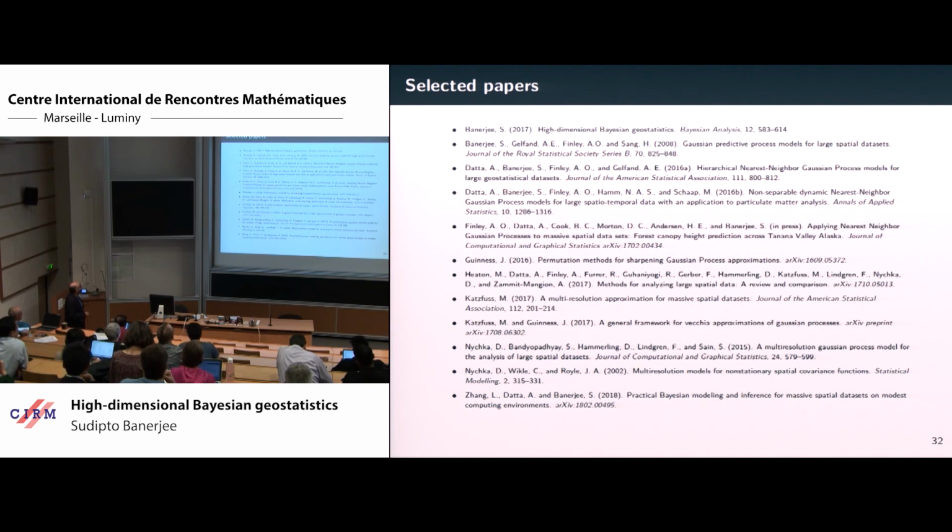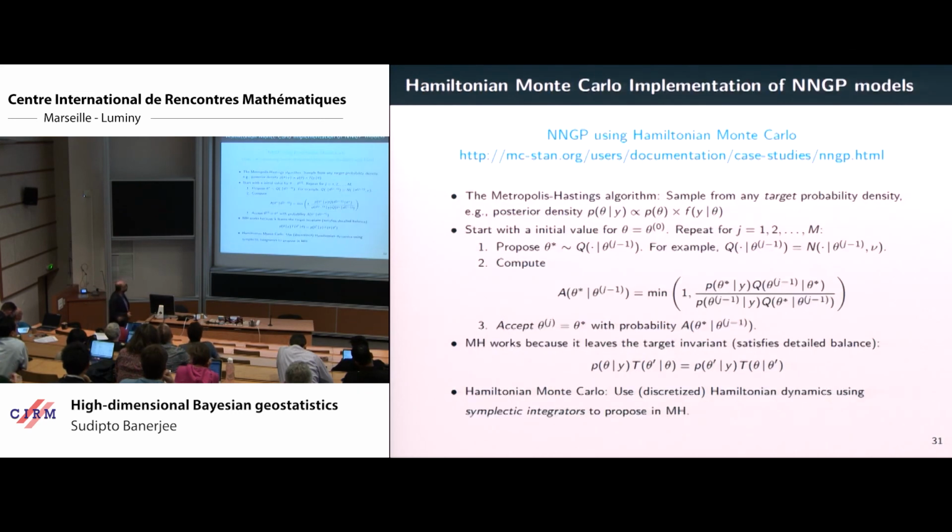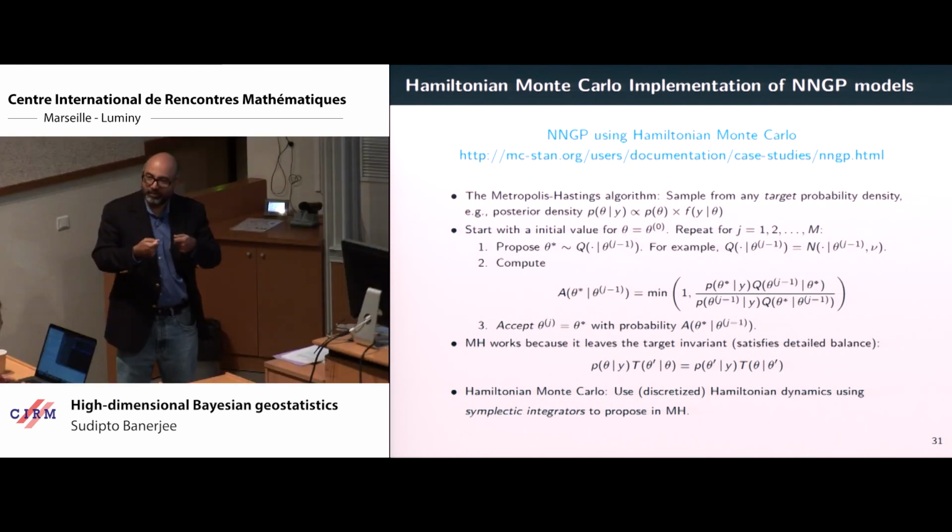I have some selected papers. Just one quick point I do want to mention is there is a space-time paper here, this 2016 paper in Annals of Applied Statistics, which actually talks about NNGPs on space-time, and space-time is a different ball game altogether. The one point I will mention is that we were selecting neighbors. Neighbors in space is one thing. Neighbors in space and time is a completely different thing.